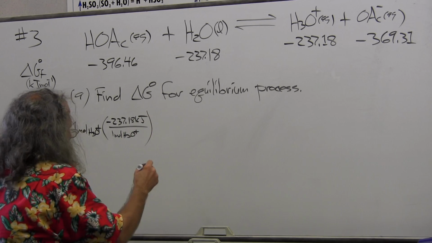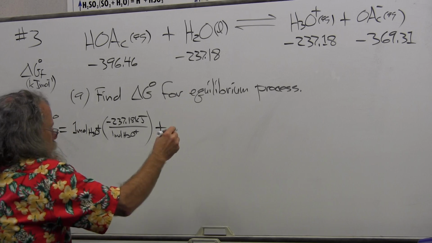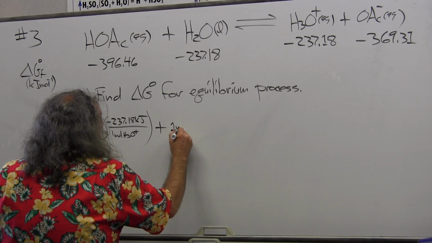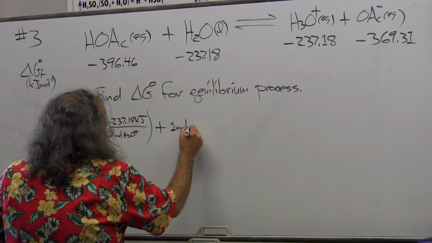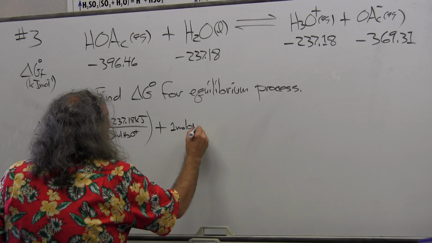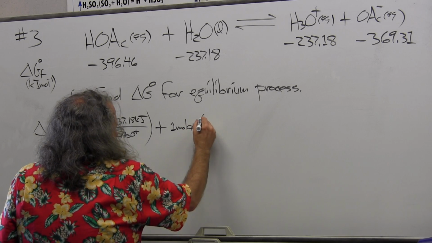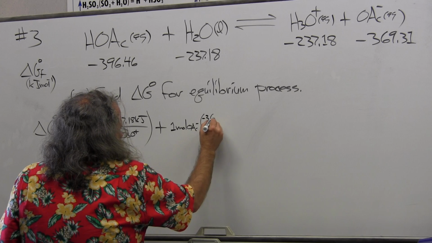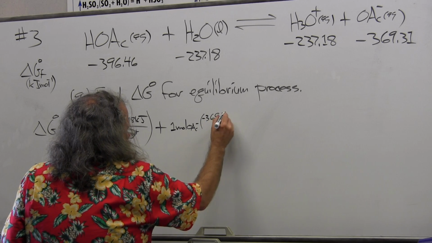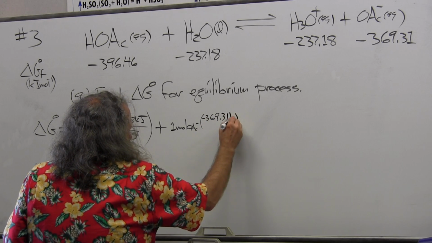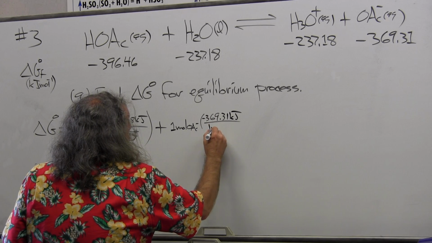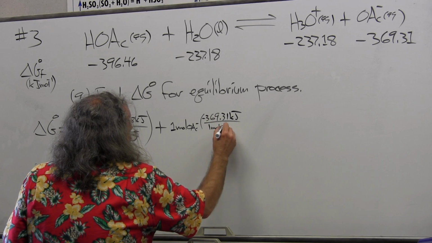Okay? And then plus 1 mole of acetate ions and minus 369.31 kilojoules for every 1 mole of acetate.